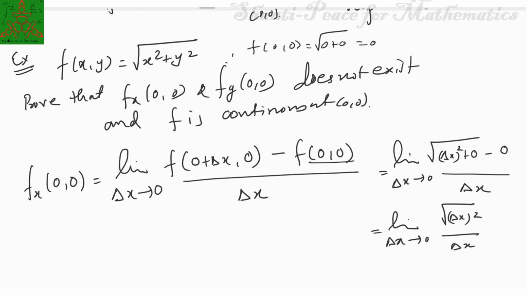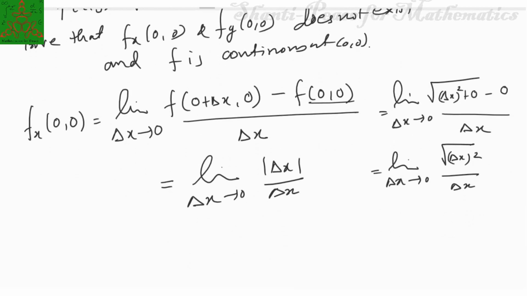upon delta x. Now this square root of delta x squared will give you two answers, either plus or minus, so I can write this as the limit as delta x tends to 0 of mod of delta x upon delta x, and you know that this limit will give you either plus 1 or minus 1 if you go from the left hand side and right hand side.